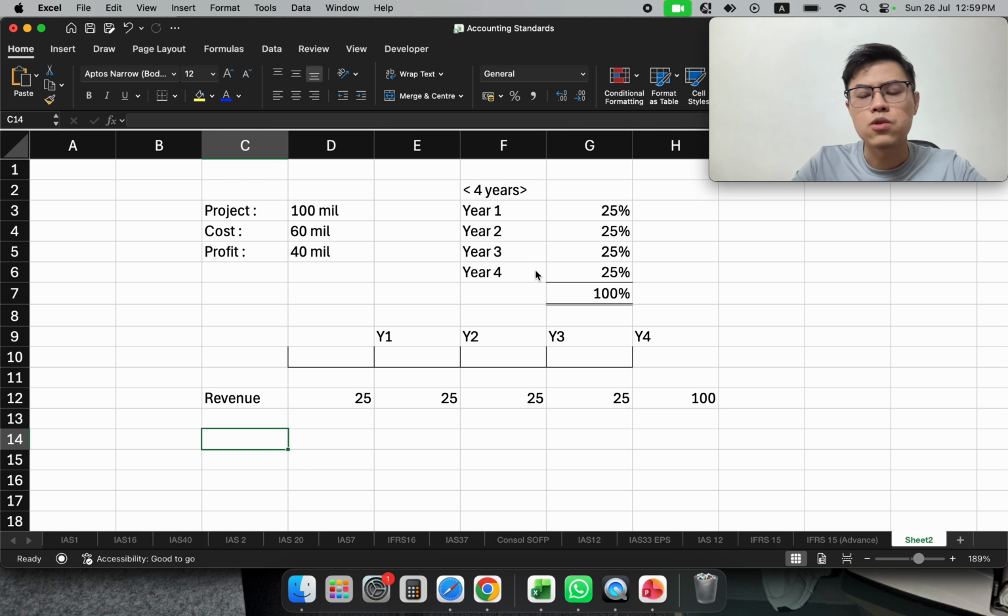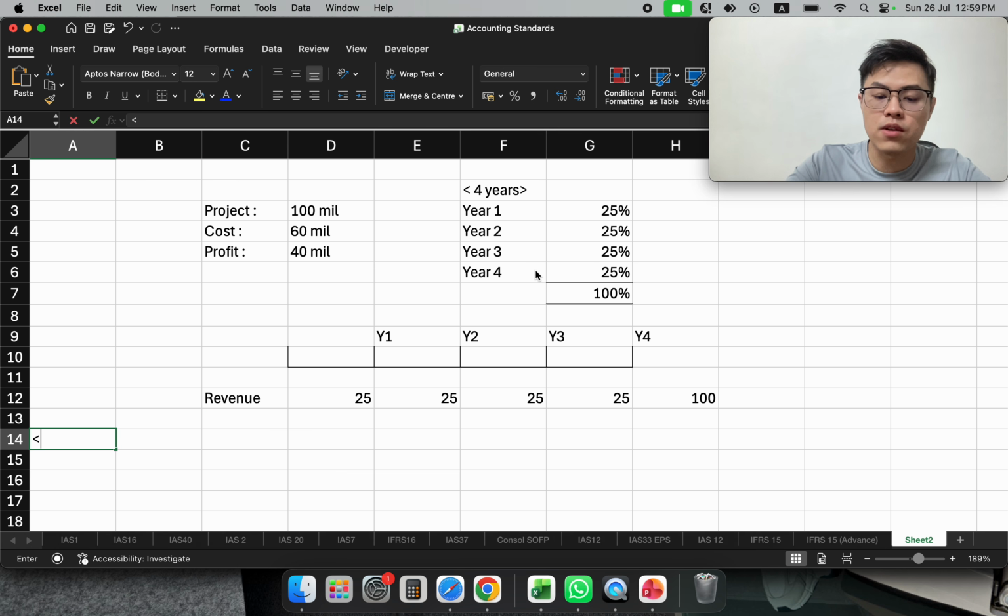Likewise, to achieve this matching concept, we want to avoid over-recording our costs in another period, so we need to follow the matching concept.